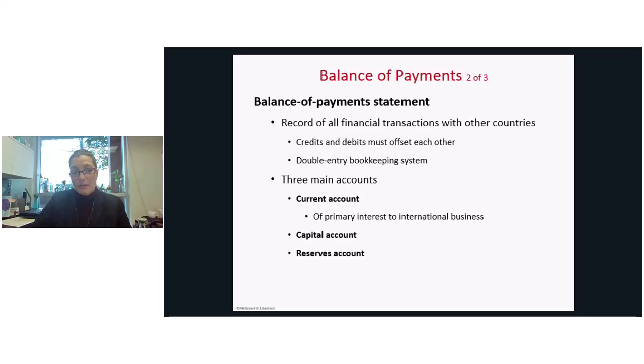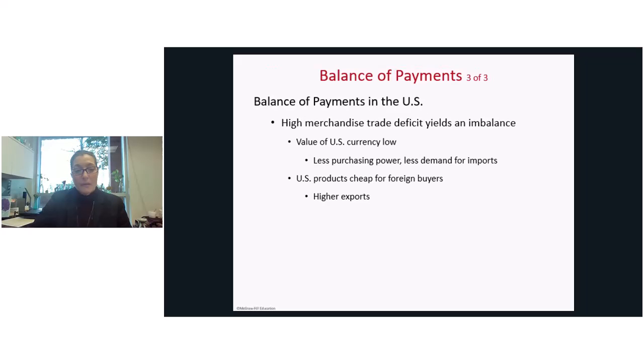We use three main accounts: the current account, which is what is of interest to international business, the capital account, and the reserves account. A high merchandise trade deficit yields an imbalance, so the value of US currency is low, with less purchasing power, less demand for imports, and US products cheap for foreign buyers, so we end up with higher exports.